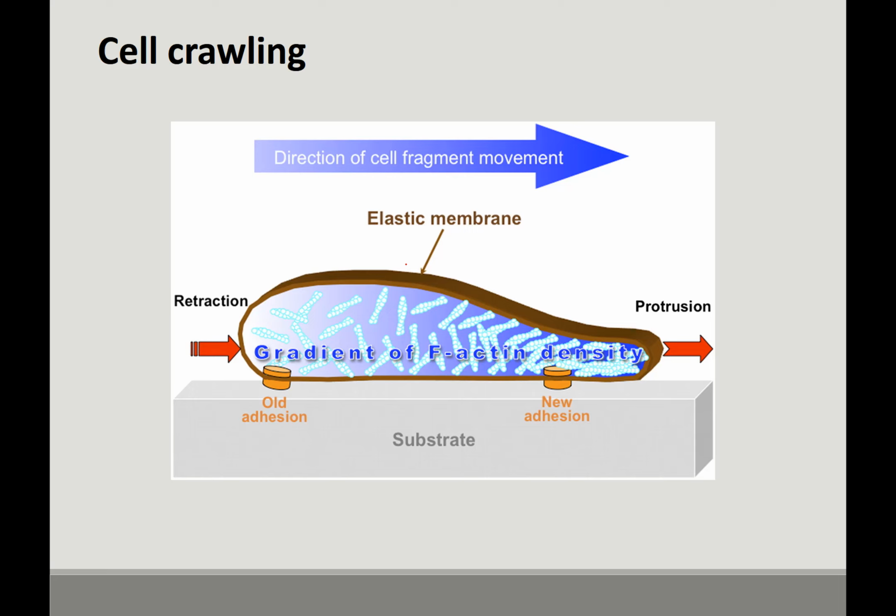Cell crawling is also talked about in this chapter. Cell crawling or cell movement like this, we will come back to when we talk about cancer cells and metastasis. What I want you to make sure you understand is this cell movement is all due to actin, your microfilament, and you get polymerization and breakdown or depolymerization.